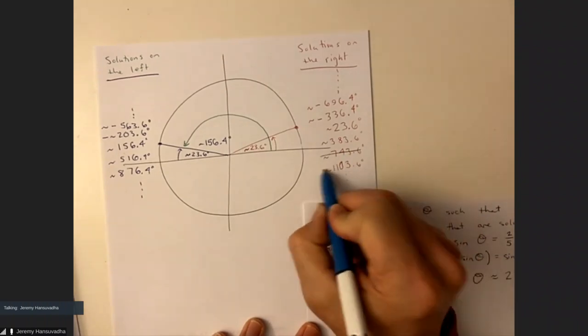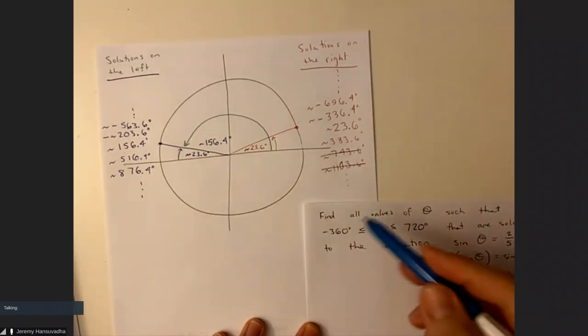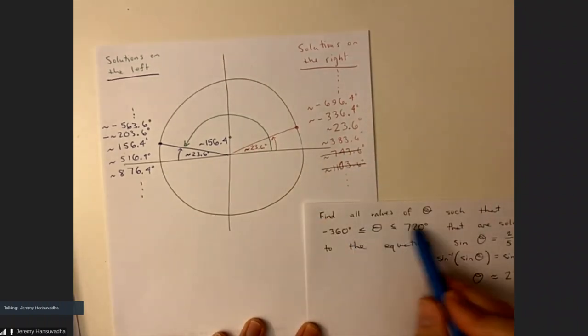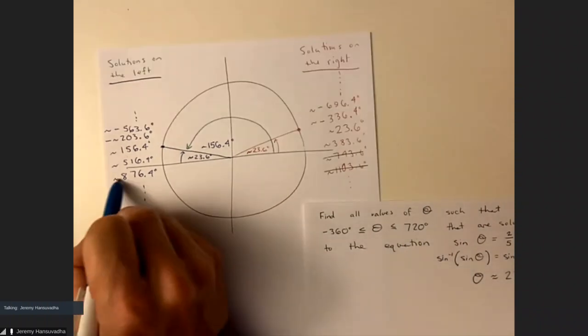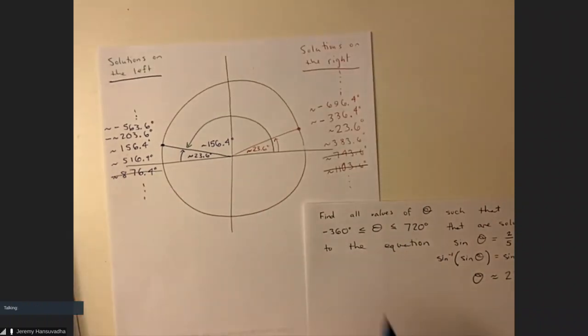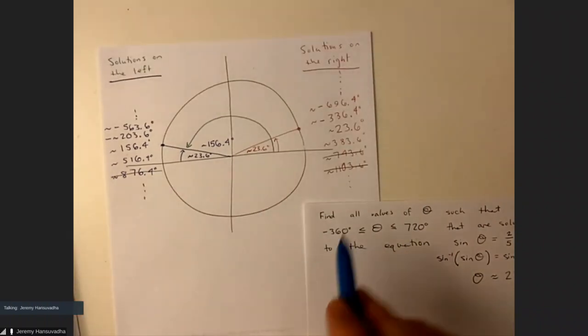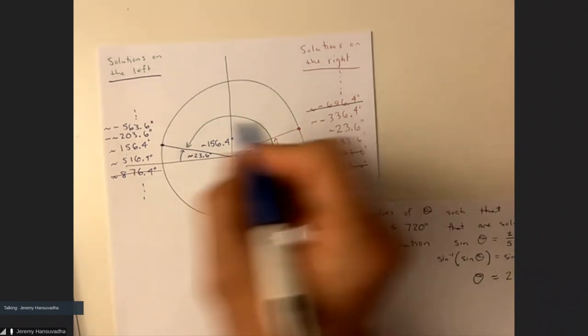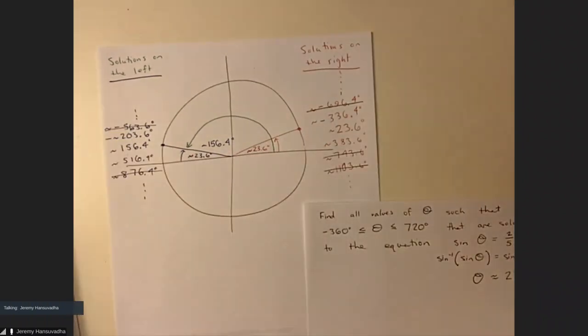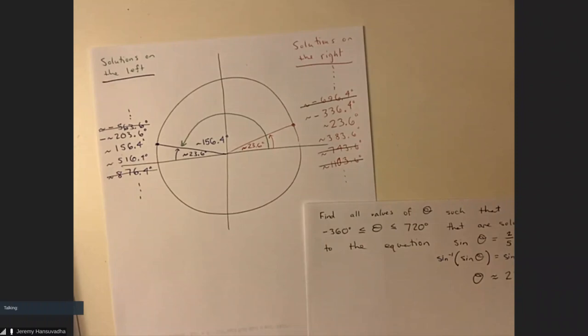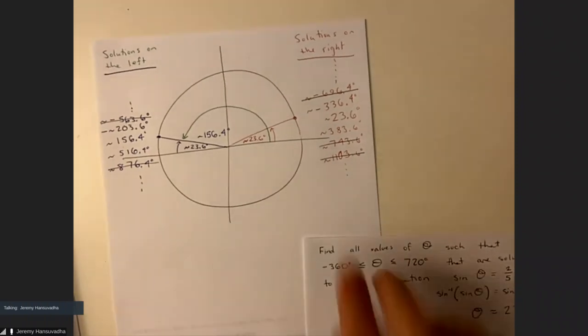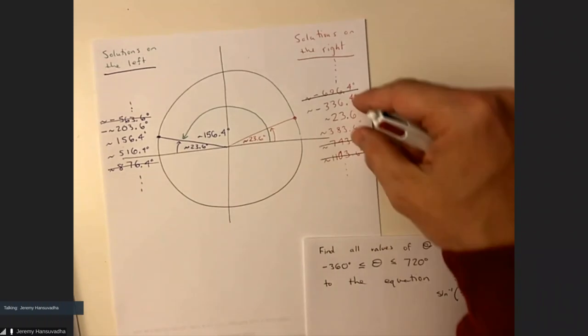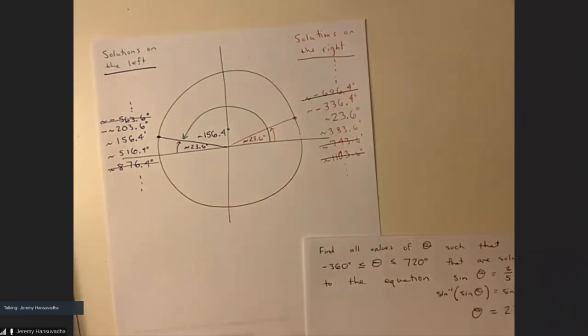This one's too big. The biggest it can be is 720. That rules out this one too. The smallest it can be is negative 360. So that's too small. That's too small. So what are we left with? We're left with these 6 solutions. These 3 on the right and these 3 on the left.